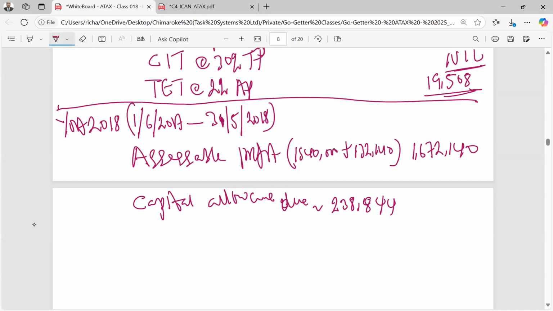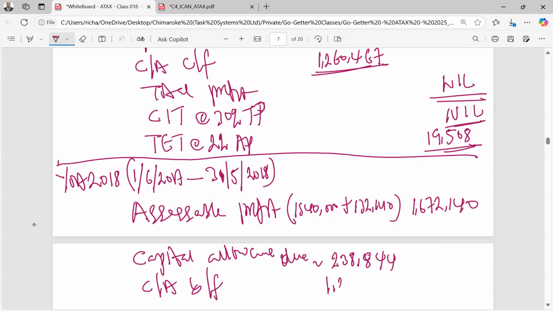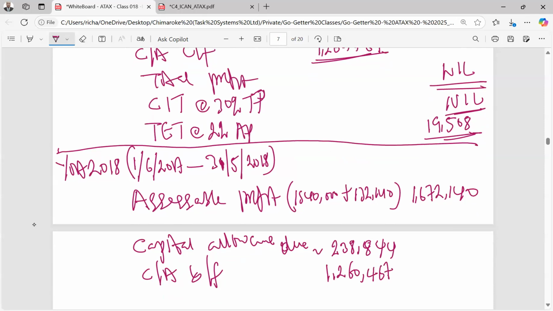I'll come again. Capital allowance brought forward is 1,260,467. All right.